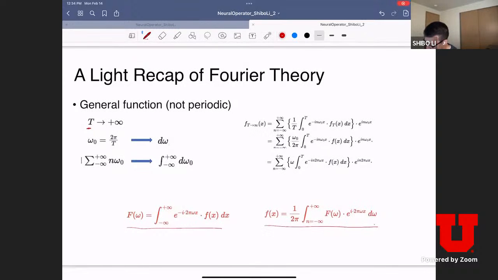So it tells you that if you have a periodic function, then your Fourier transform is discrete, because you can represent it as a Fourier series. But if you have a non-periodic function like this, then your Fourier transform is continuous. You have an infinite number of components in the Fourier domain.